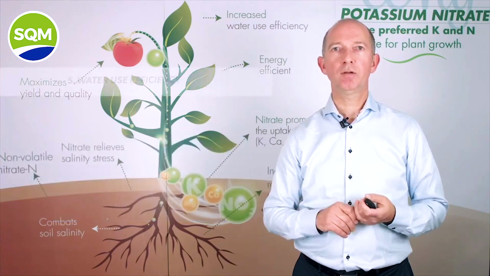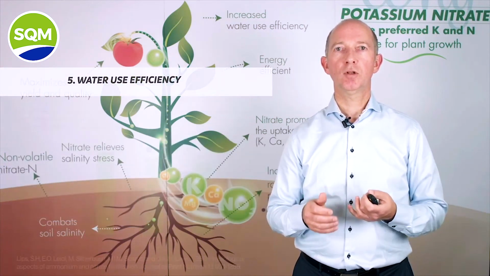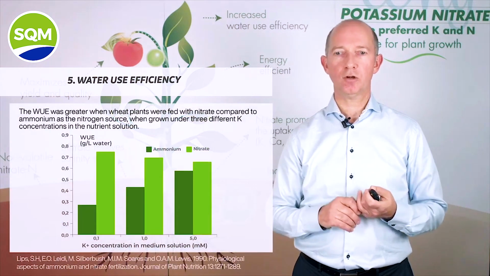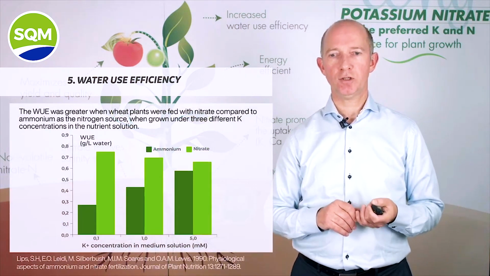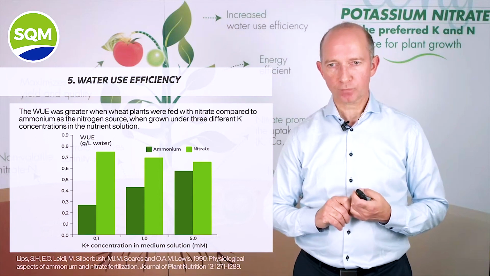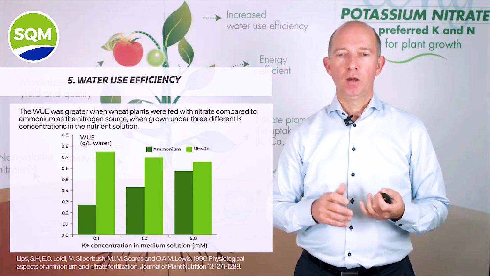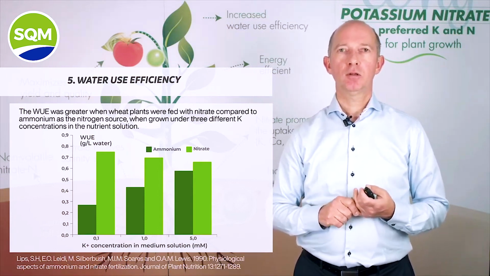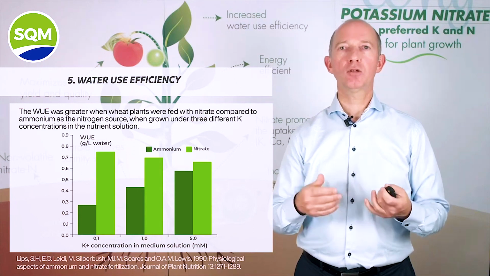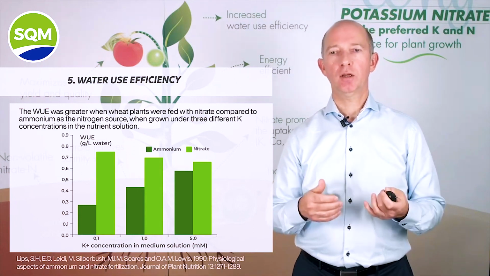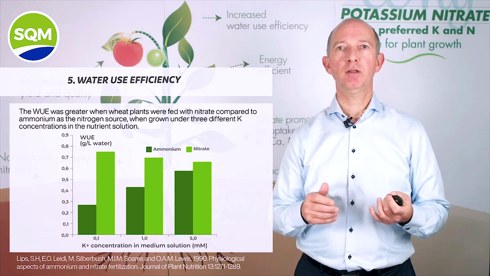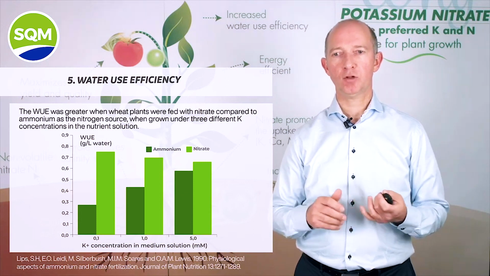The fifth point, which is linked to the selection of your nitrogen source, is the water use efficiency. In this study, we are comparing the water use efficiency, expressed in grams of plant biomass per liter of water applied or absorbed.